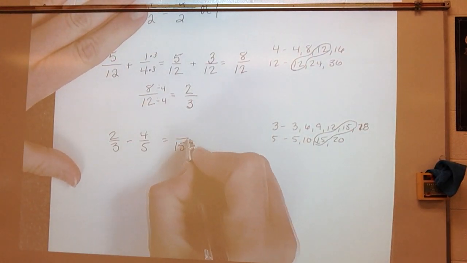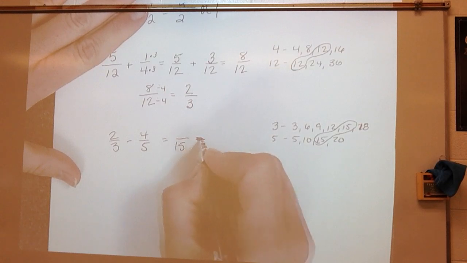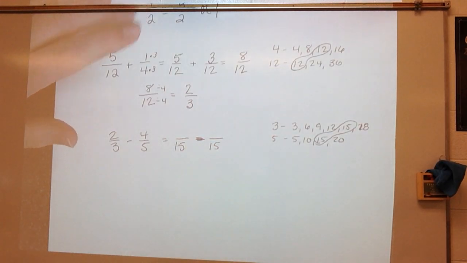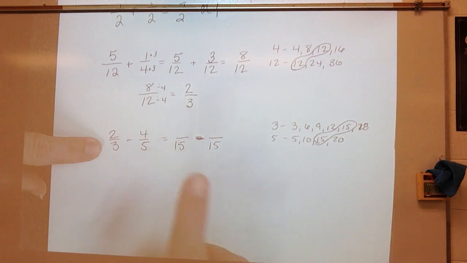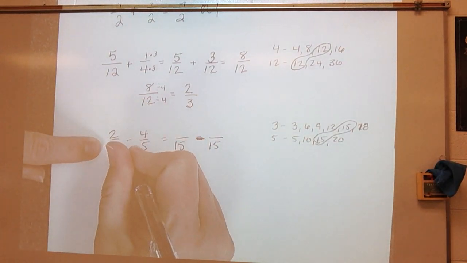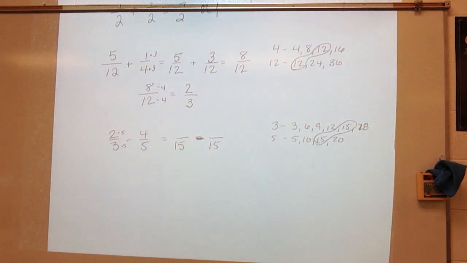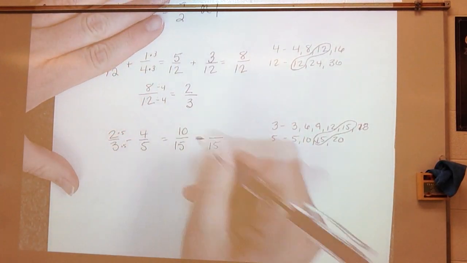So, I'm going to come over here, and I'm going to rewrite my problem. I'm going to ask myself, did my denominator change in my first fraction? It did. So 3 times what gives me 15? I'm going to multiply both times 5. 3 times 5 gives me 15. 2 times 5 gives me 10.